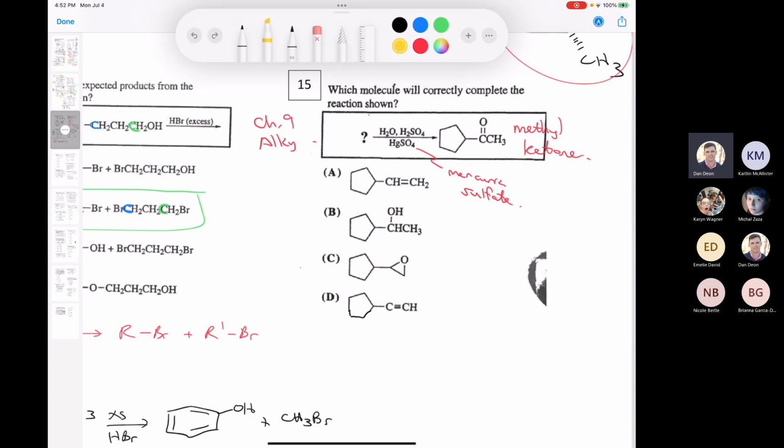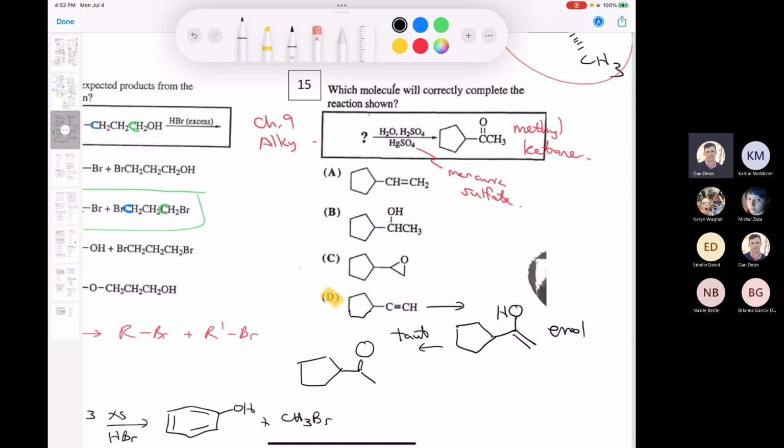So what happens is when you take that alkyne and you treat it with water, sulfuric acid, and mercuric sulfate, you do the Markovnikov addition of water across the triple bond, and you end up with this, which is an enol, but that enol undergoes tautomerization to give you a methyl ketone.